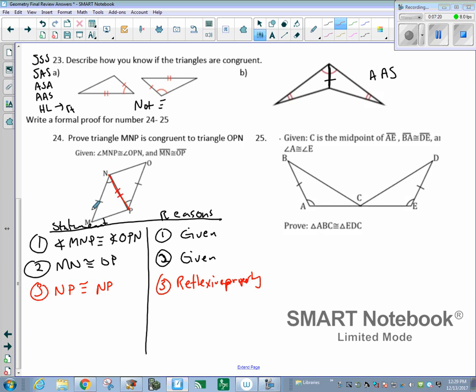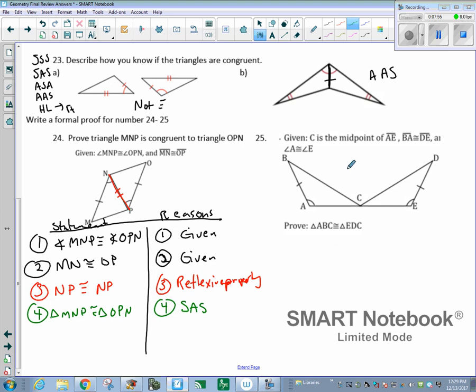So now I can say that triangle MNP is congruent to OPN because they have two pairs of sides that are congruent to each other, and an angle in between. I've done enough at this point to prove that these triangles are congruent, and I can say triangle MNP is congruent to triangle OPN by two sides and an angle, and the angle happens to be between the two sides, so we call it side-angle-side.